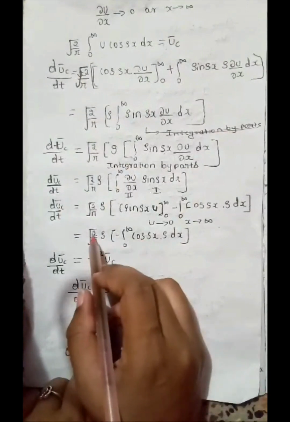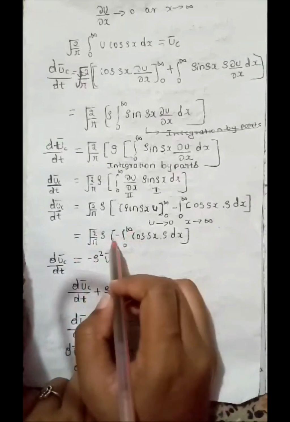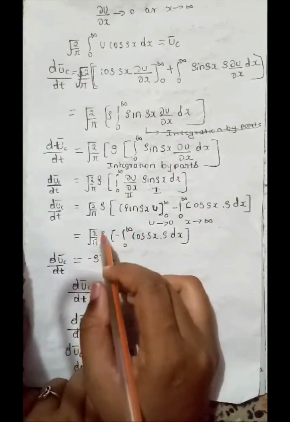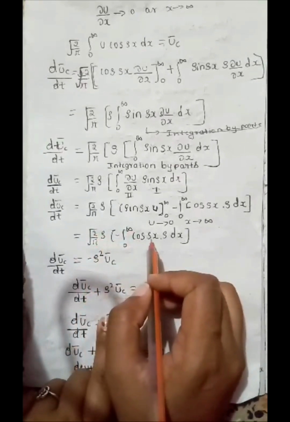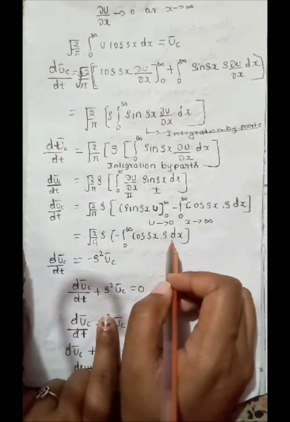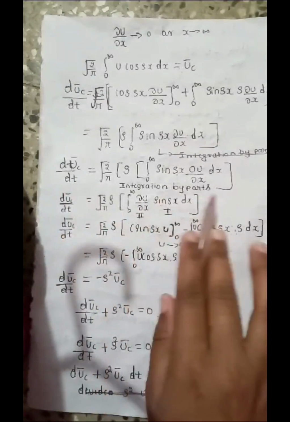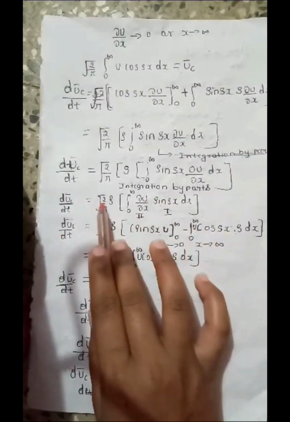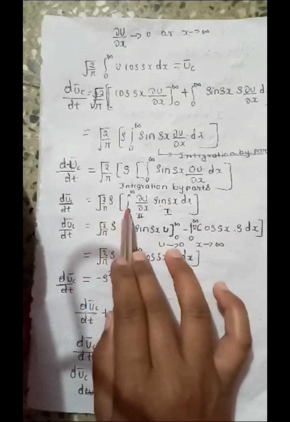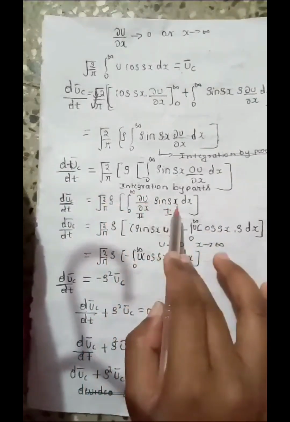We have to substitute square root of 2 by pi, u into cos sx, and here after applying the integration by parts we will get square root of 2 by pi into s, and 0 to infinity dou u by dou x sin sx into dx.